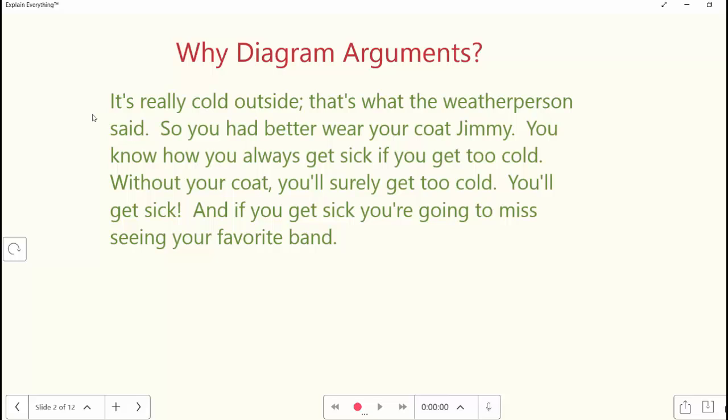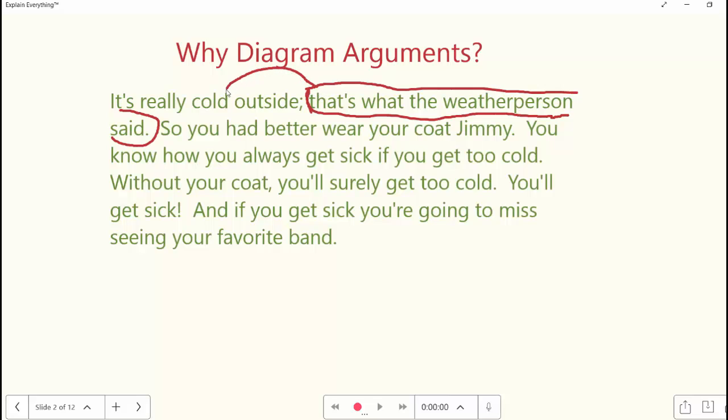If we think about those two sentences in connection together, then we'll see that this sentence is reason to believe that this sentence is true. How do I know that it's really cold outside? An expert told me so, right? That's the main thought that's taking place here.